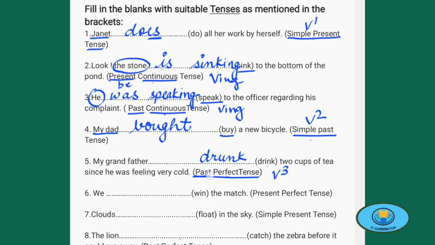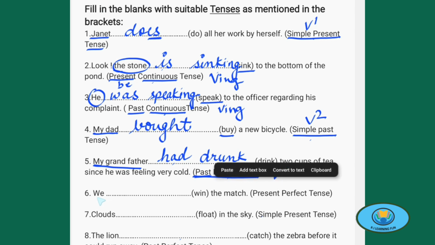And to show that this sentence is written in the past perfect, for past we will use the past form of have, which is had. So my grandfather had. Once again, in past perfect, you don't have to see whether the subject is singular or plural. With singular, plural, every subject we use just the past form of have, which is had. So had drunk. So past perfect, had plus third form of the verb.